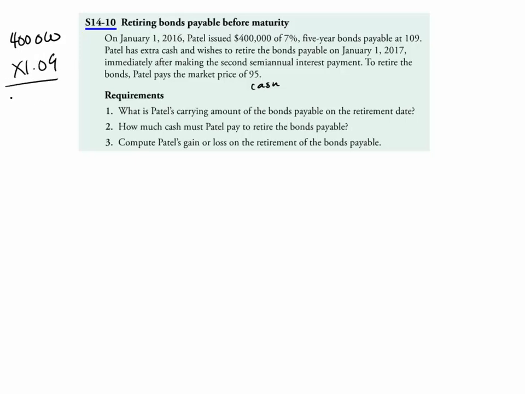So that means the cash we received was $436,000 when we issued it. So the cash we got minus the face value, the premium on this bond, was $36,000.